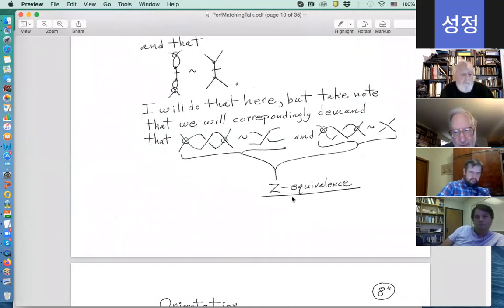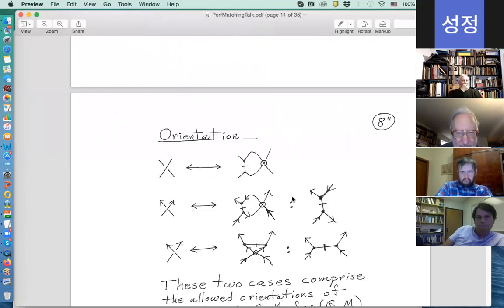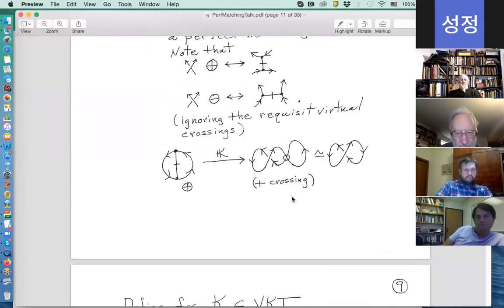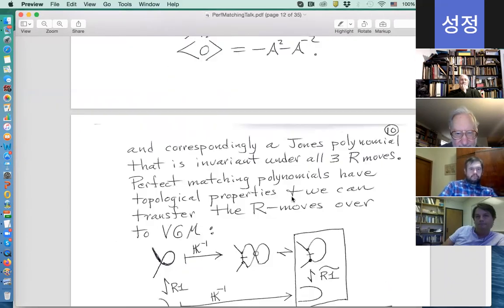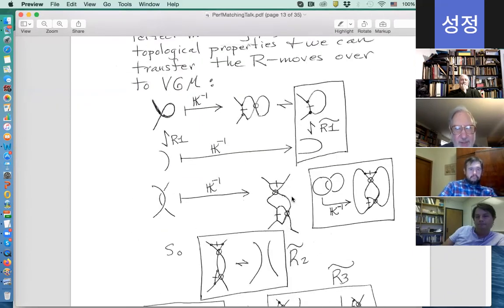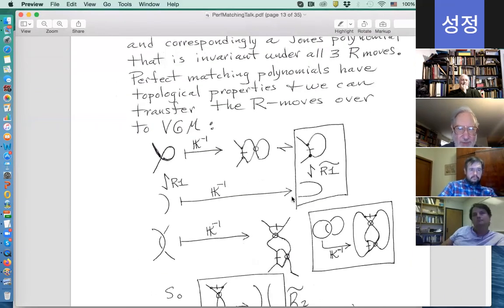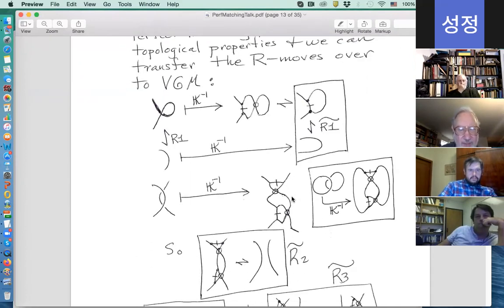We know that the bracket polynomial is invariant under this. The equivalence is that you have a crossing flanked by virtual crossings, and you're allowed to remove the virtual crossings like that. I won't talk about orientation. But then there is the matter of the Reidemeister moves. That's the first exercise. You say, well, what happens if I take something which I would cancel up to Reidemeister moves over here?